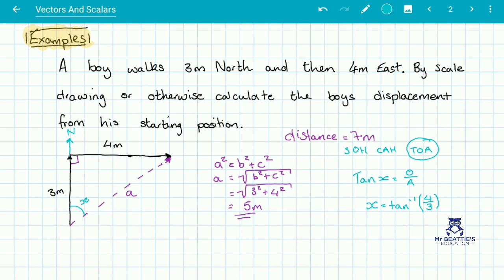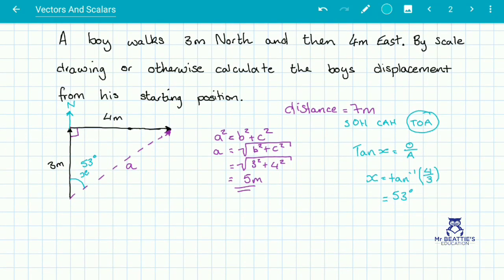That's 53 degrees. Okay, so that means that our value here for x is 53 degrees. Now, in order to convert that into a bearing, we have to consider everything as travelling from north.